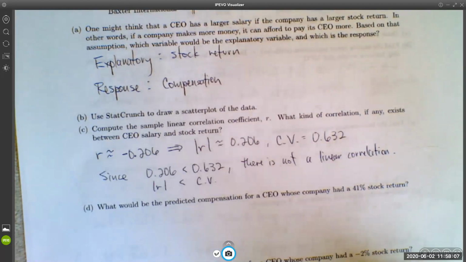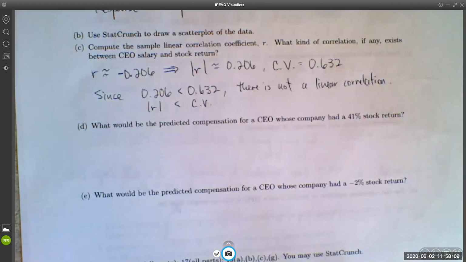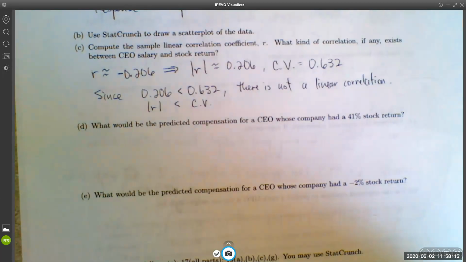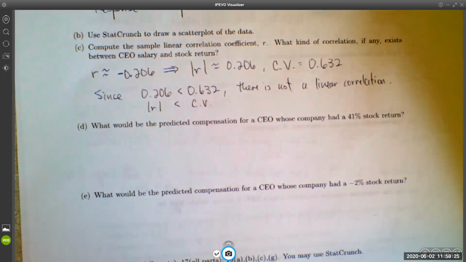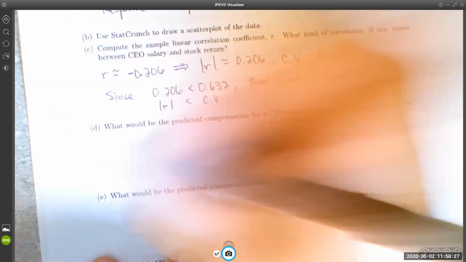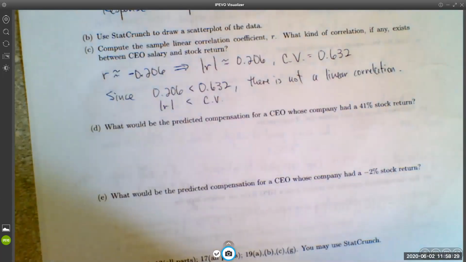So when they ask us to do what they're asking in parts D and E, part D says, what would be the predicted compensation for a CEO whose company had a 41% stock return? We would just say, since there's not a linear correlation, it doesn't make sense to use the least squares regression line to make this prediction.